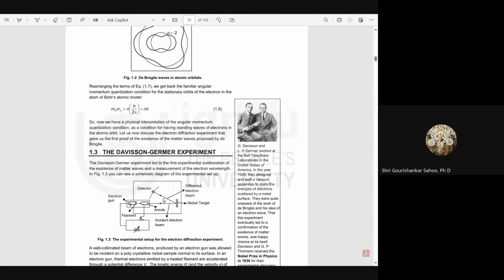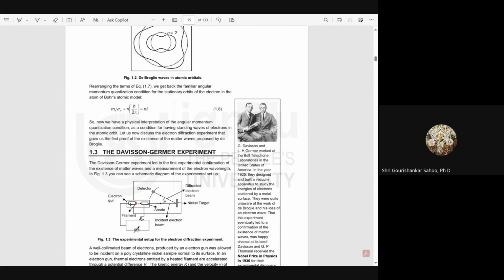And in Planck's law, the quantum concept is used to explain the whole spectrum of black body radiation. So this is one example where the quantum concept was used.